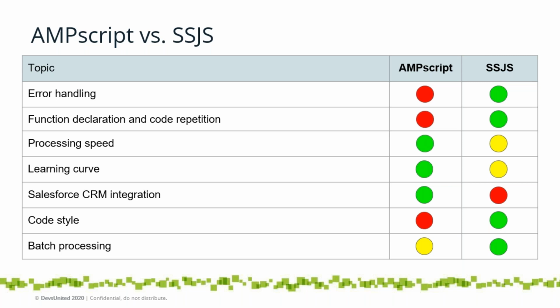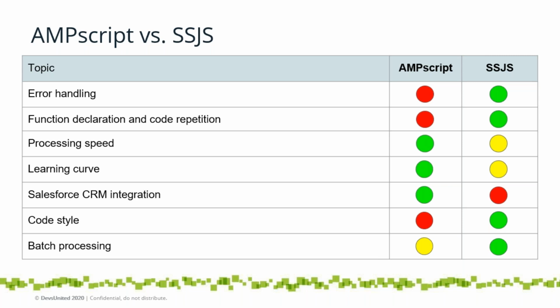Learning curve, maybe for non-developers, AMPScript is easy to start with, and do some personalization and some logic in your emails. So that's why some people get this very fast. Today, I'm focusing this more on a developer audience.